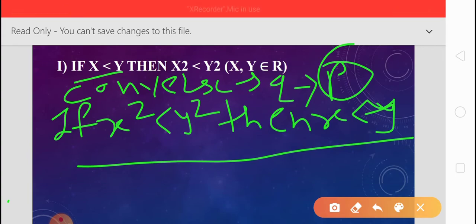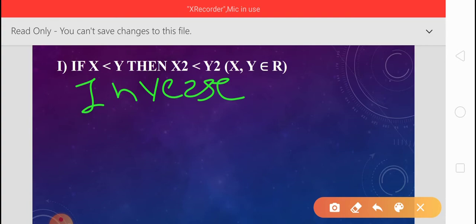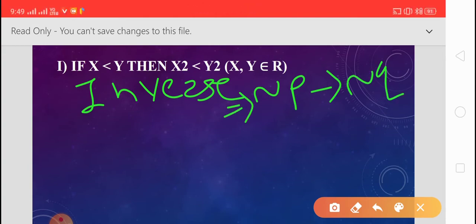Now write the inverse of this statement. Firstly write the inverse in symbolic form: negation of p implies negation of q. Now write it in verbal form. Friends, we know the negation of less than is greater than or equal to.